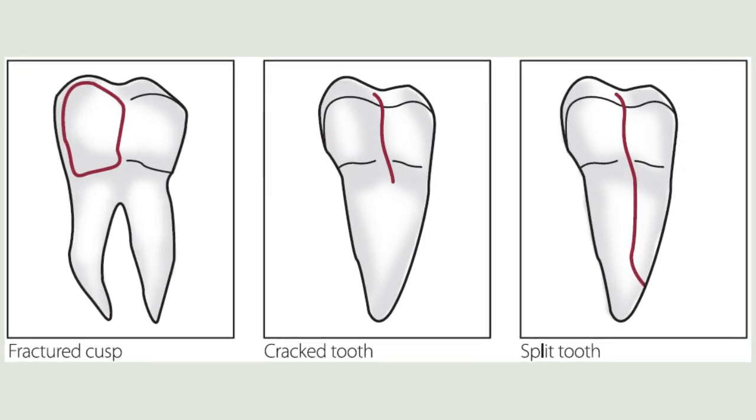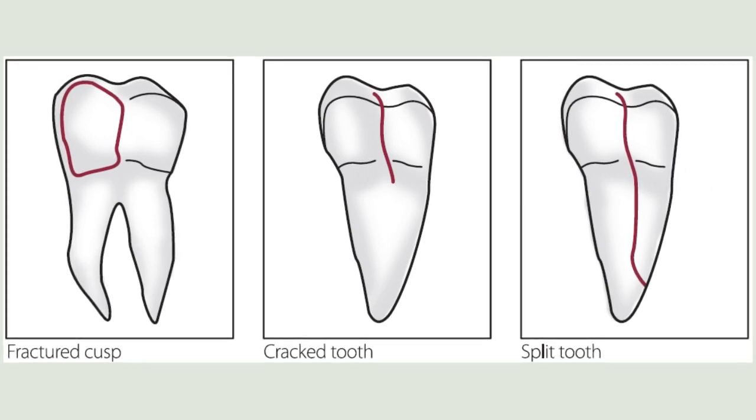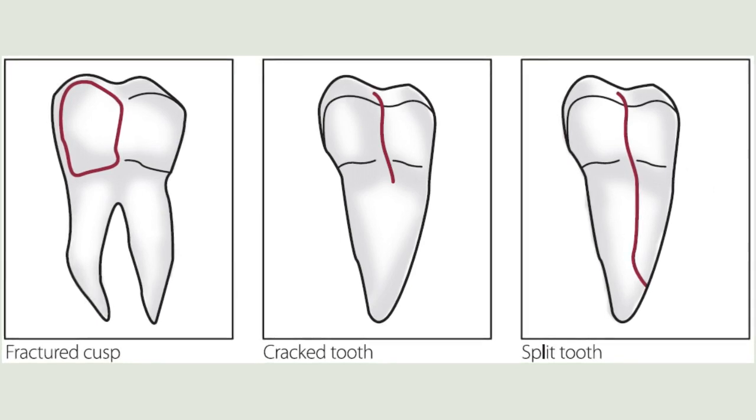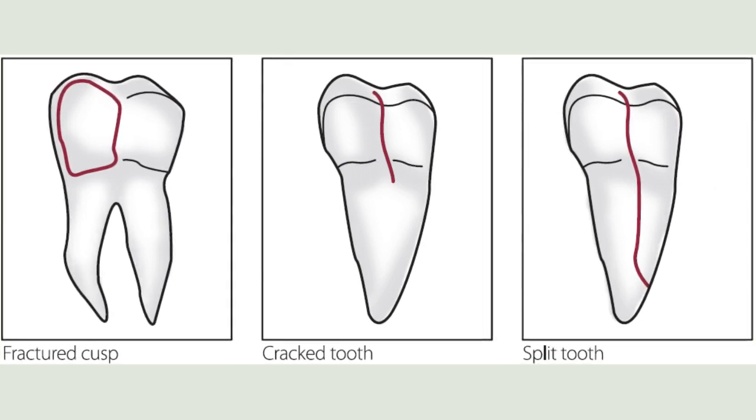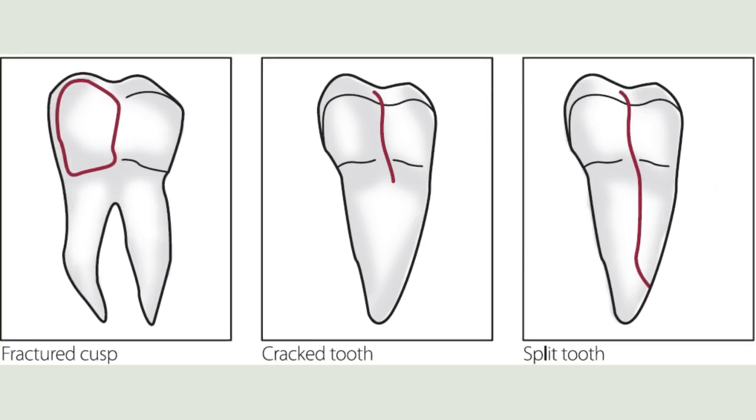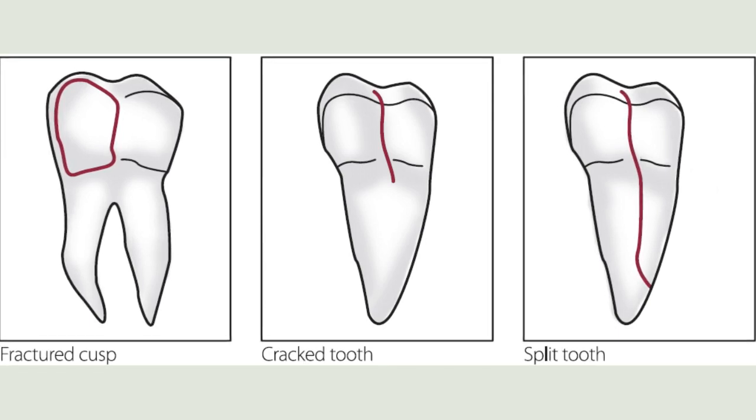For the cracked tooth, if it does not extend to the gum line, then we can protect the tooth from further damage or from becoming split tooth by covering it with a crown. And lastly, if the cracked tooth extends up to the gum line and is left untreated, this will result in split tooth and extraction is required.